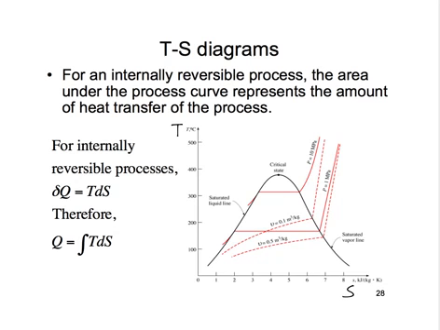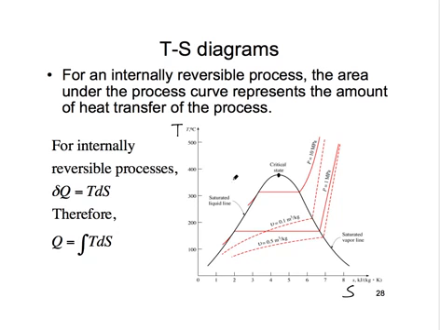The saturation dome, if we cover the phase changes of a pure substance, the saturation dome on the TS diagram looks similar to that of the saturation dome on the PV diagram, except that the slope looks slightly different. The top point is still the critical point of the saturation dome.